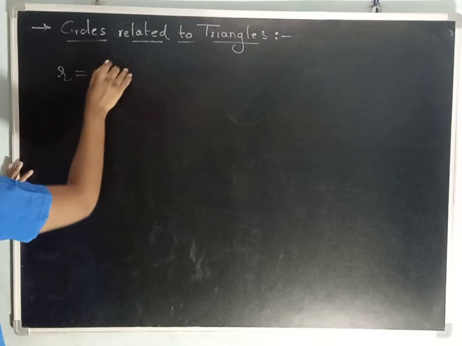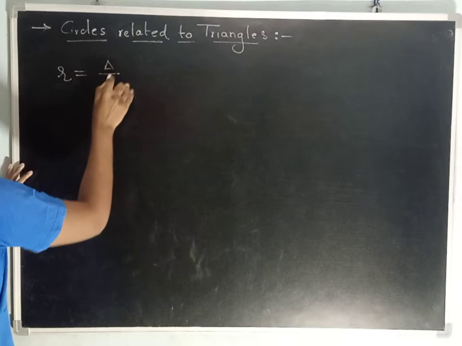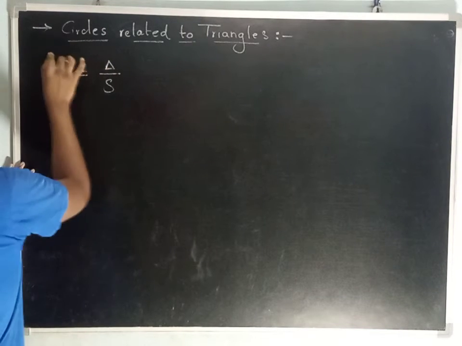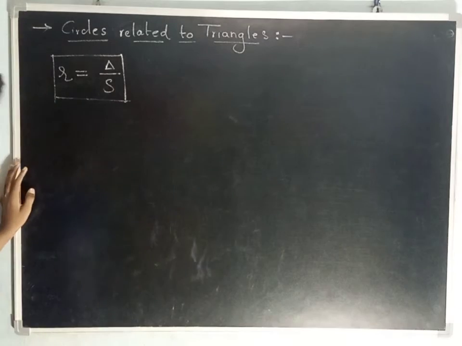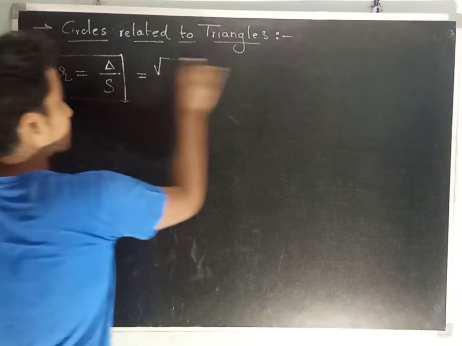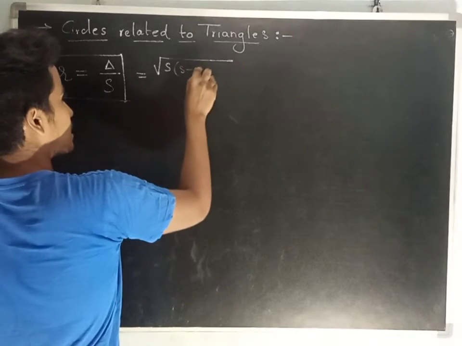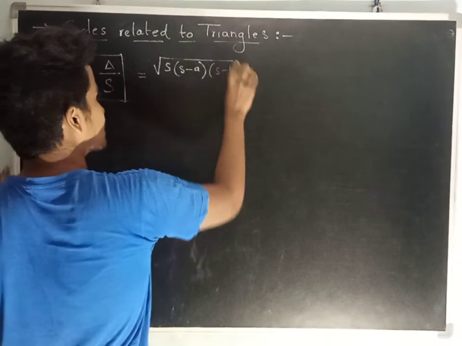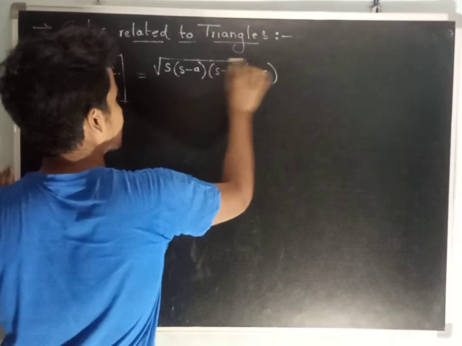We have already derived that the radius of the incircle is nothing but delta by s. Delta is the area of the triangle, which is root of s into s minus a into s minus b into s minus c.